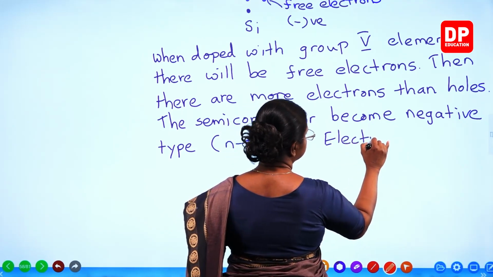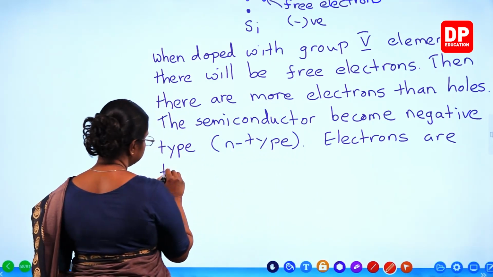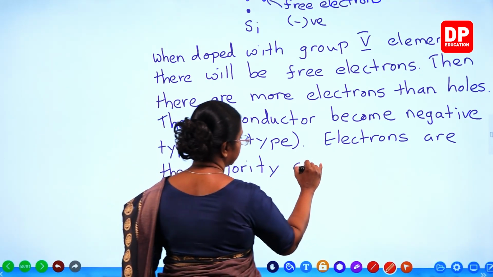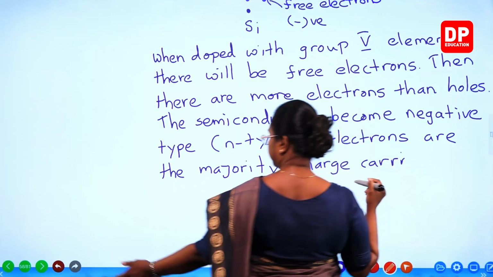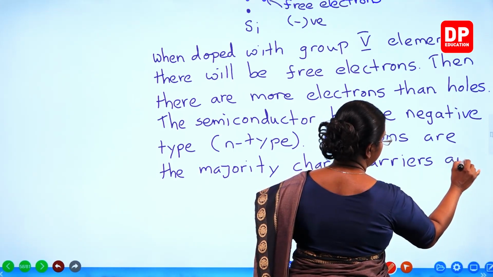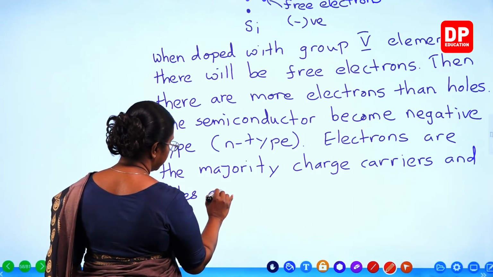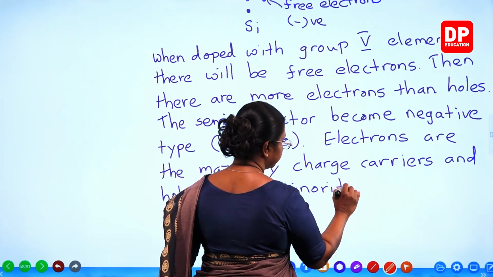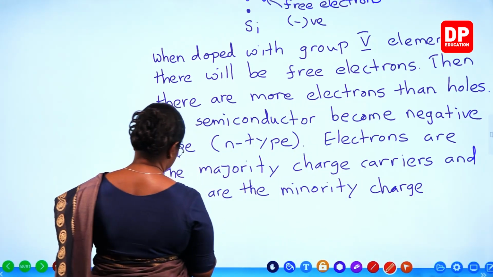Electrons are the majority charge carriers. And holes are the minority charge carriers.